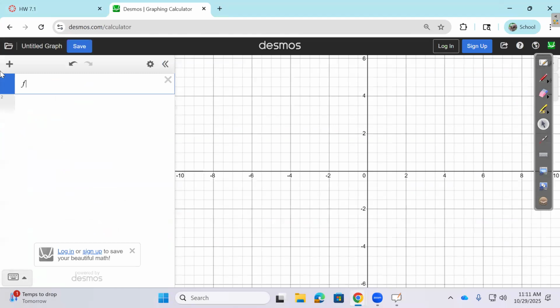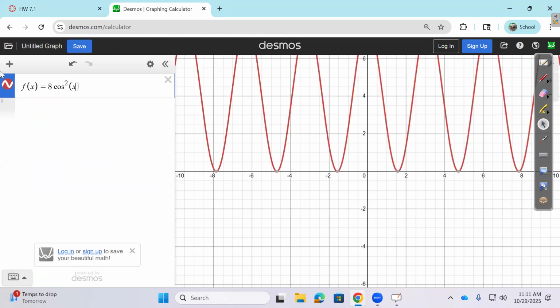All right, so my f of x to check is my left side. My version is 8 cosine squared. And then I'm going to do g of x. Mine was 3 minus 2 cosine.